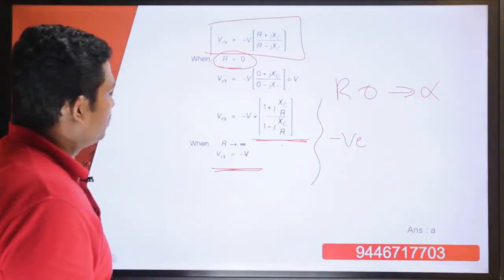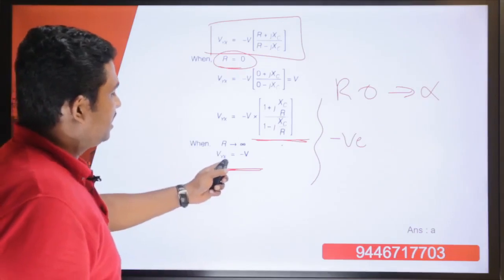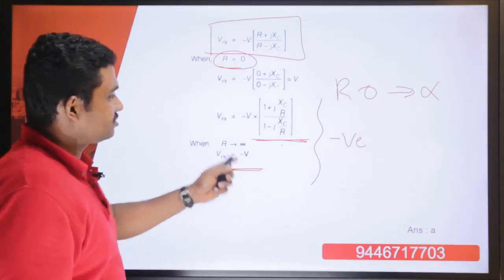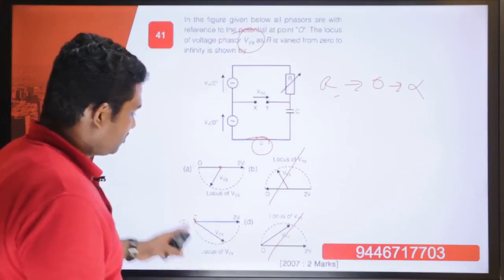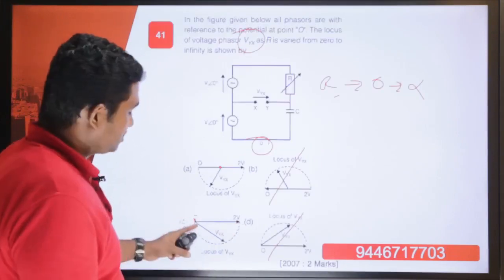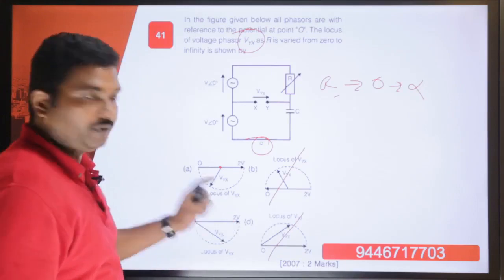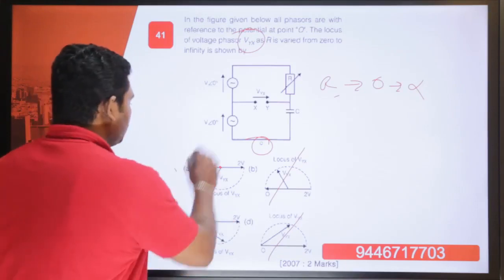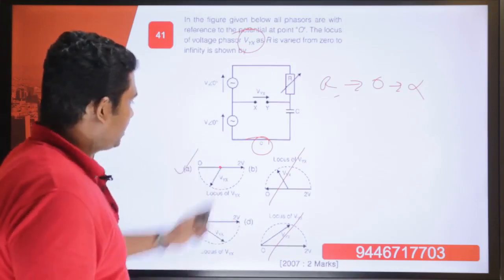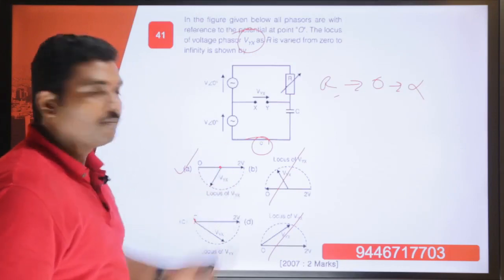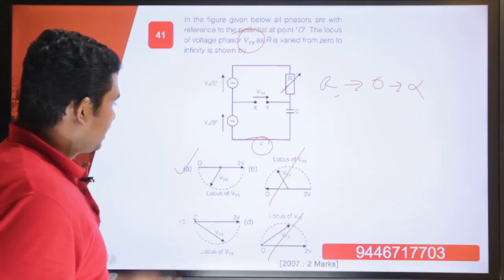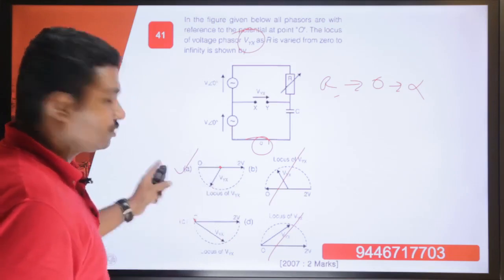So our value is actually, when R tends to infinity, Vyx is minus V. Here it is not possible for us to obtain minus V because it goes from 0 to 2V. So our answer has to be option A because here we can go to minus V and also to 2V. So it can shift from 0 to 2V.